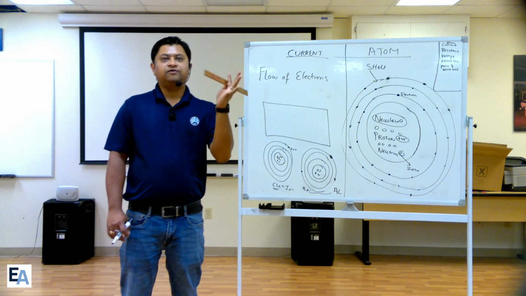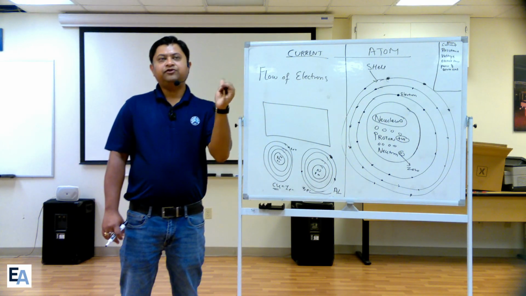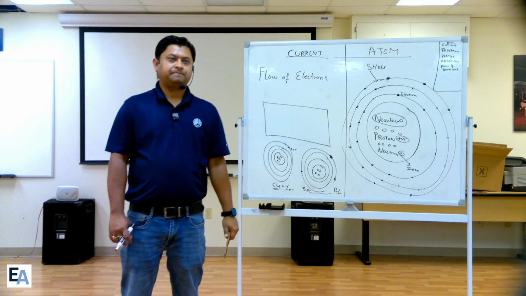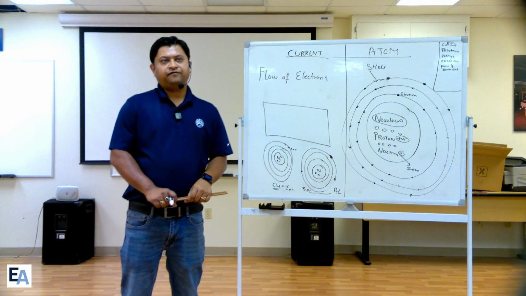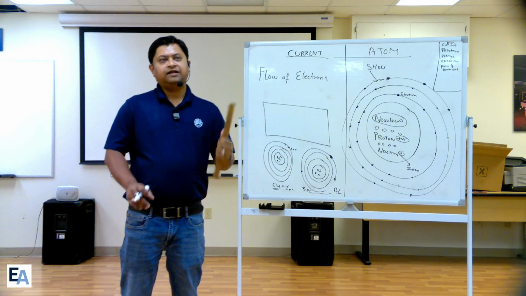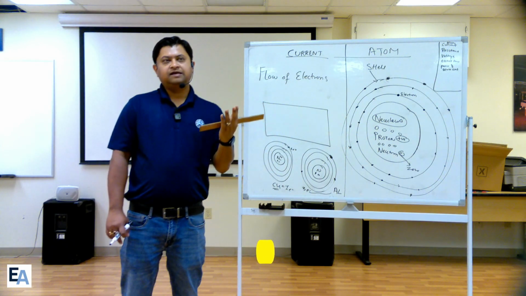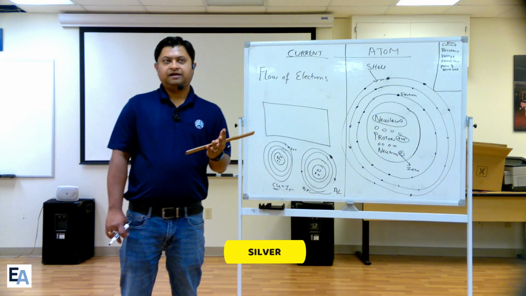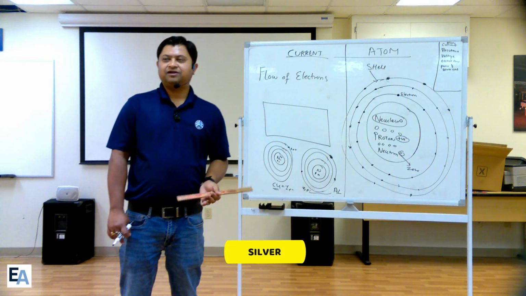That is the reason copper is one of the best conductors which we use for any operation, especially for grounding. The best conductor of electricity is silver. Silver is the best available, okay?